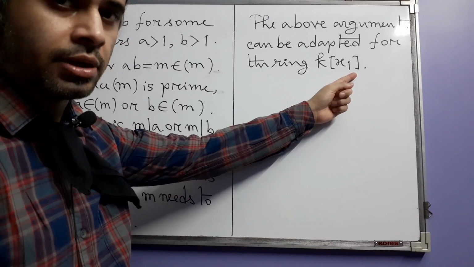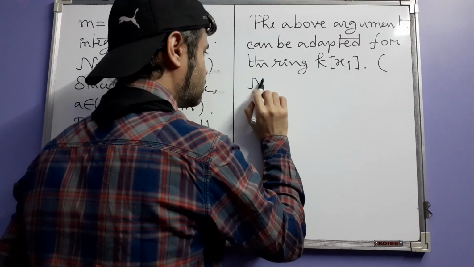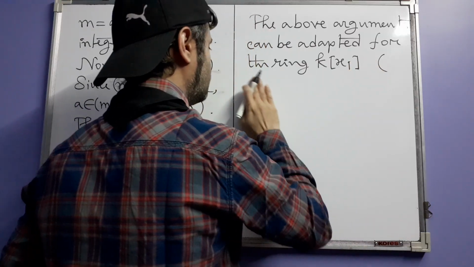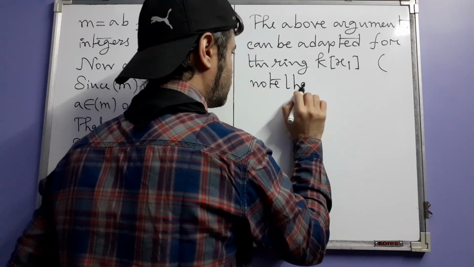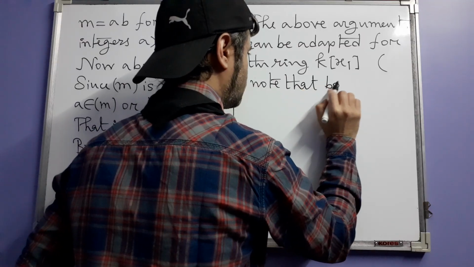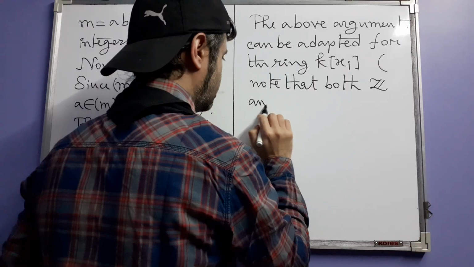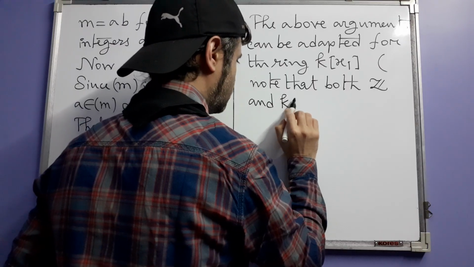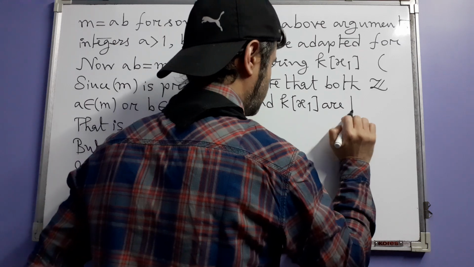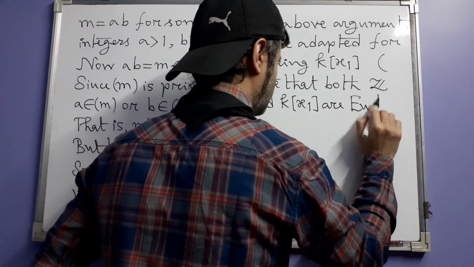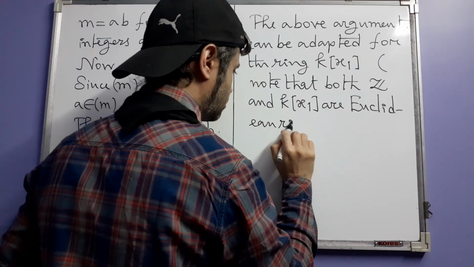This is also a Euclidean ring. Note that both the ring of integers and this are Euclidean rings.